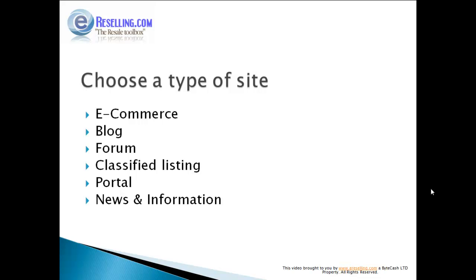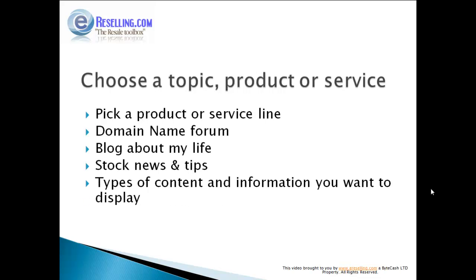These are all great starter sites. I also have software packages, and it'll all be on ereselling.com in your members profile, and you can download that, and there are guides and videos on how to actually install and run these. But just figure out what kind of site you would like to set up to get started with. That's very important, the second step.